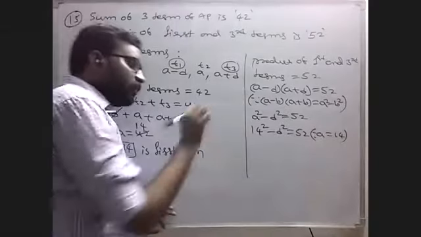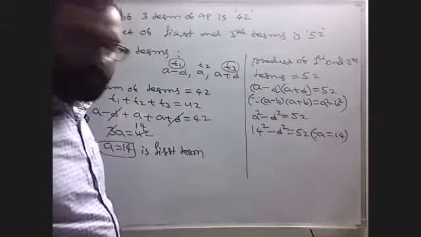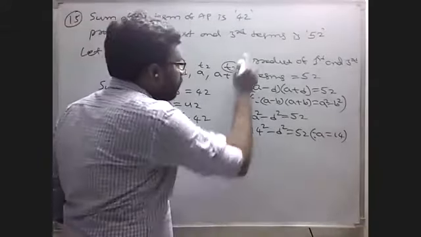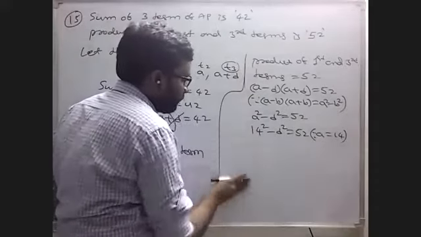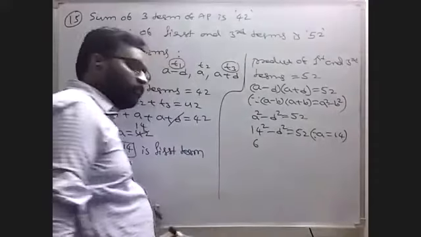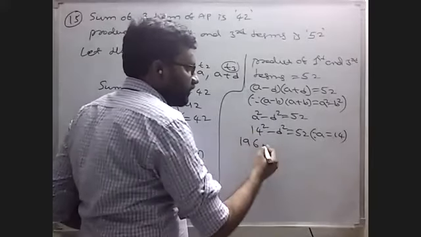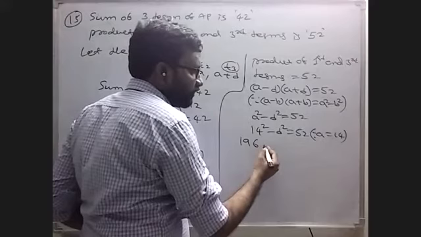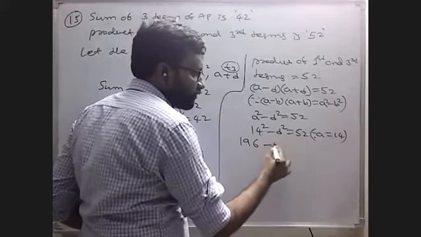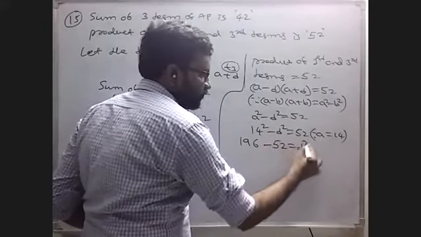Now 14 squared is 196. Minus D squared I am taking to that side and 52 to this side, that is minus 52 is equal to plus D squared.